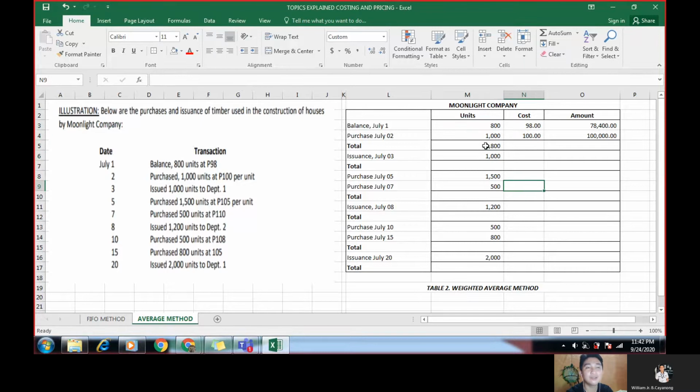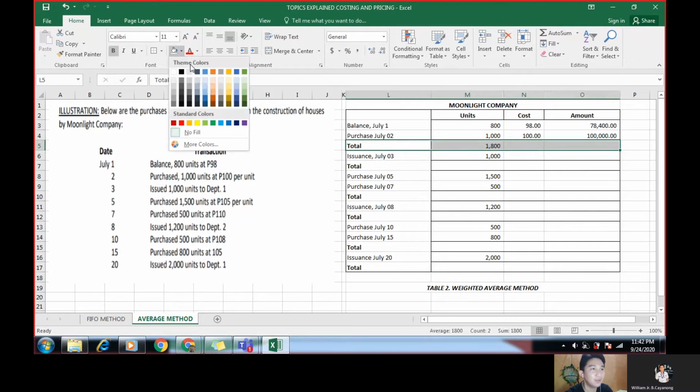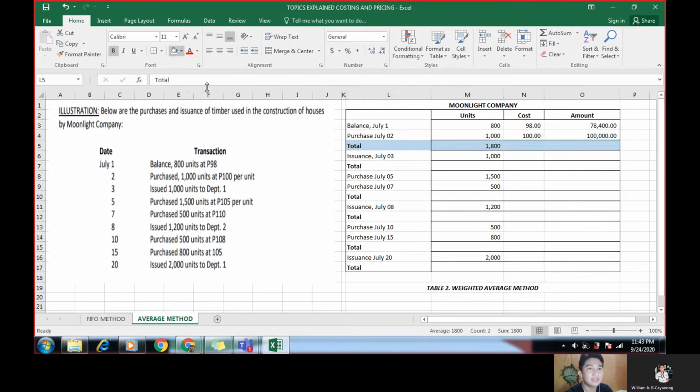Pero kung ayaw nyo naman mag-auto sum, pwede namang manual yung formula 800 plus 1,000. Click nyo lang yung cell. Okay. Ayan. Lagyan natin ng medyo konting color para ma-emphasize lang. So here, a-add lang din natin to. Click auto sum. Kung nagmamadali, auto sum na lang.